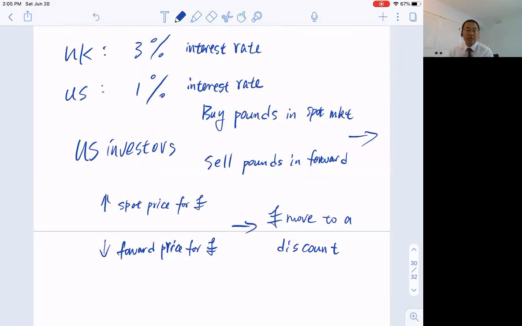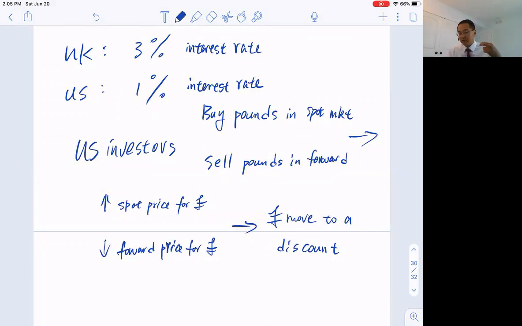If the pound depreciates more than 2%, then you would have lost money. So that's why people are willing to sign a forward contract now, even with a discount. Let's say the discount is 1%, then they can still make a 1% profit because the interest rate difference in this case is 2%, right?